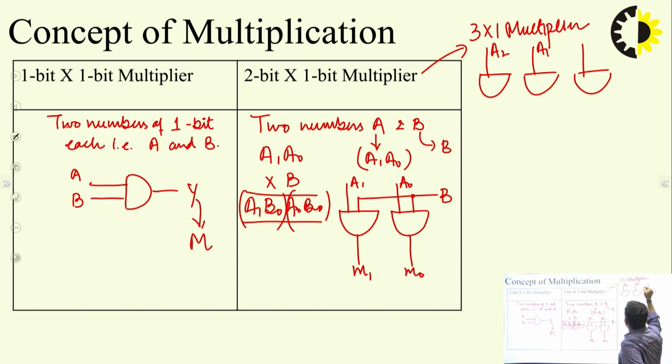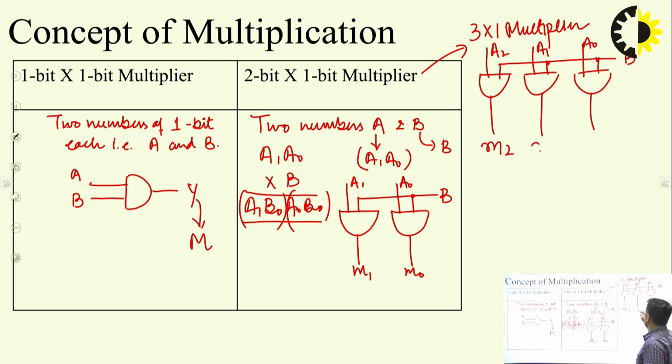A2, A1, A0 need to be multiplied with the single bit B, and this gives the multiplication result M2, M1 and M0. So this is a 3 cross 1 multiplier.